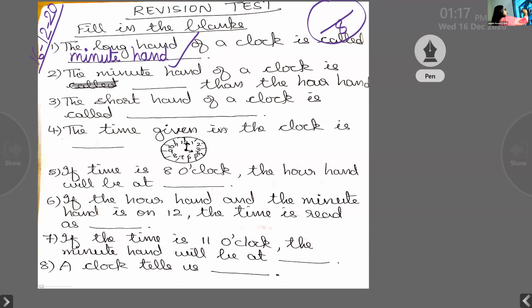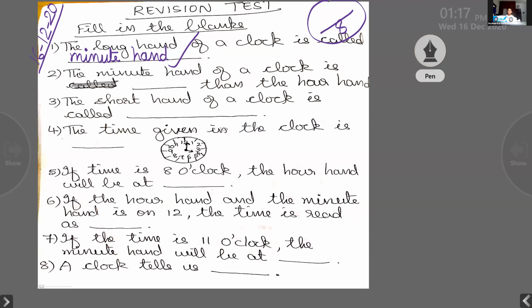Next, Madhav. Second one, the minute hand of a clock is dash than the hour hand. Bigger. I told you to write whether it is faster or slower. Faster. What is the spelling of faster?